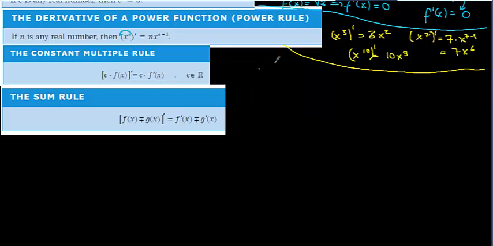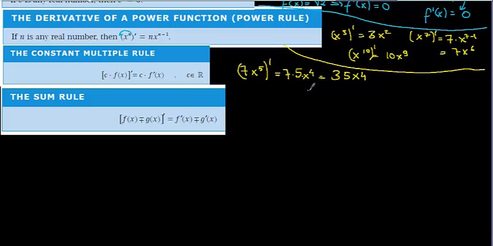What does it mean? For the first expression, let's say 7 times x to the power of 5 derivative. This 7 is not going to affect our operation. Like there is no 7, I'm going to do the operation. If it is x to the power of 5, it's going to be equal to 5 times x to the power of 4. But we have the 7 here, so 7 times 5 times x to the power of 4, which is 35x to the power of 4.